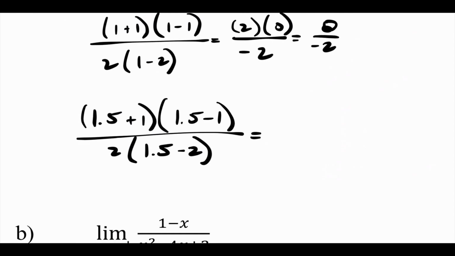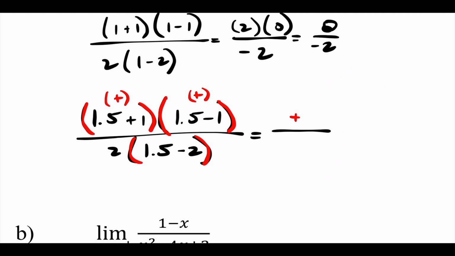The first parentheses are going to give me a positive number. The second parentheses are going to give me a positive number, right? So what's a positive times a positive? Positive. So I get a positive on top. On bottom, is it going to give me a positive or negative?